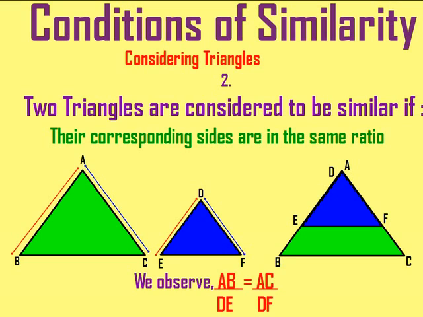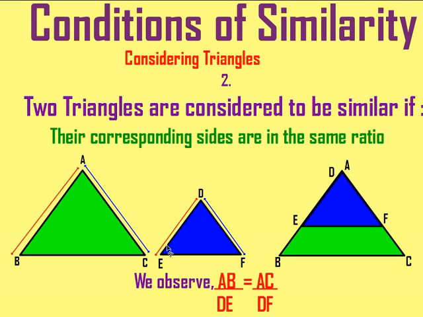The triangles are considered to be similar also if their corresponding sides are in the same ratio. Let's see. We mean to say side AB and side DE.